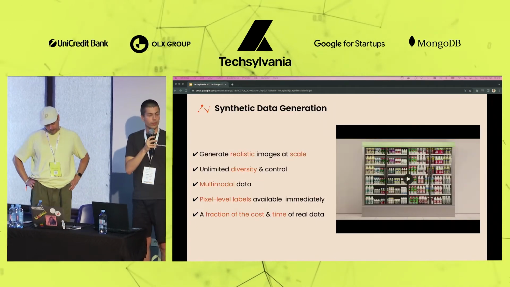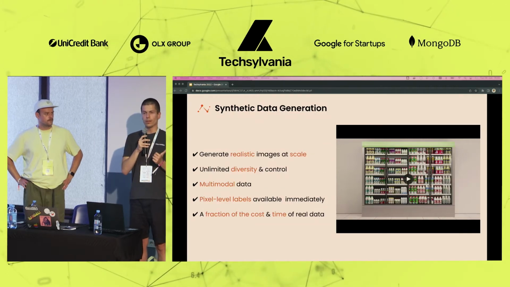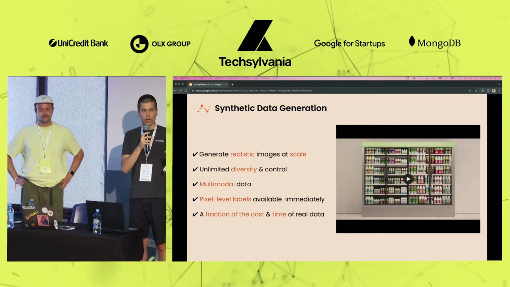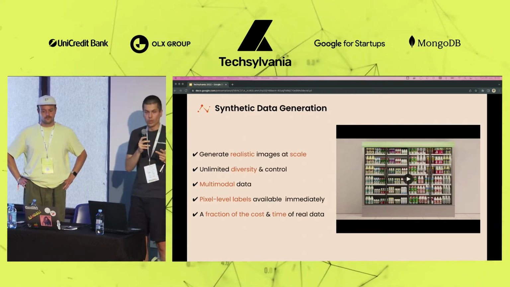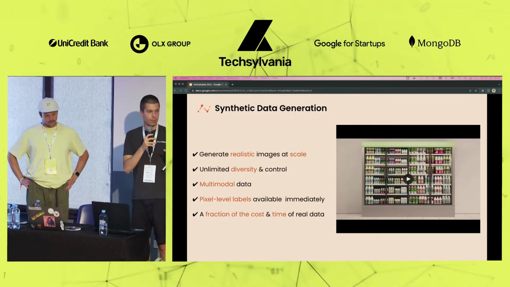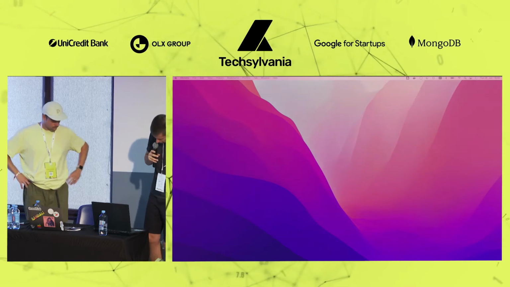So what we want to do is synthetic data. That means data that we can vary anything on, think about the number of objects, the lighting, what objects we include in scenes, and what we want to do with that is to have millions of available instances at a fraction of the cost. So no annotations involved.